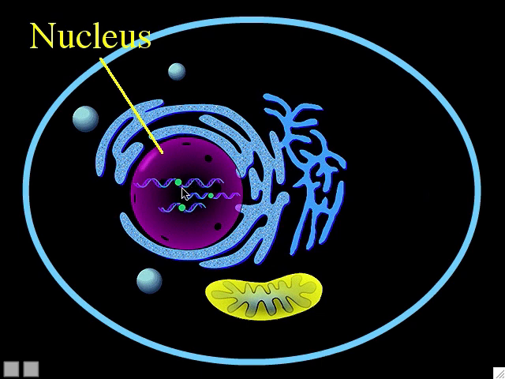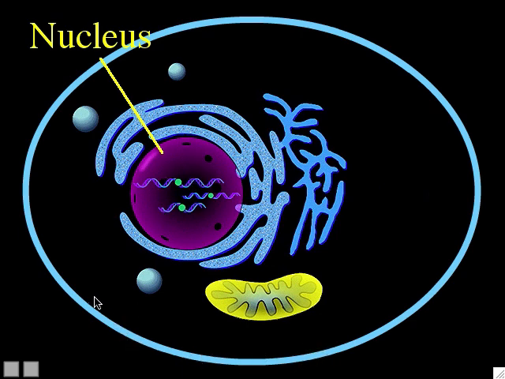Now, another part of the nucleus is this thing I'm showing in purple here. That part of the nucleus is a membrane that surrounds and protects the chromosomes of the nucleus. So the nucleus is the chromosomes plus the nuclear membrane. And just to be clear, the nuclear membrane is not the same as the cell's membrane.